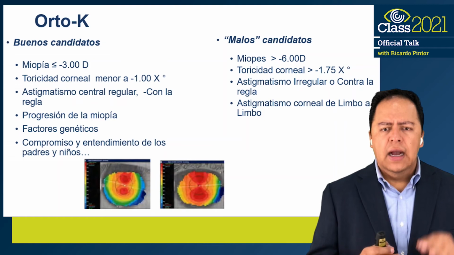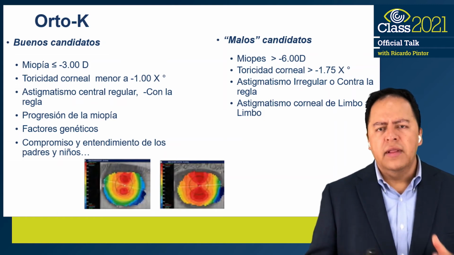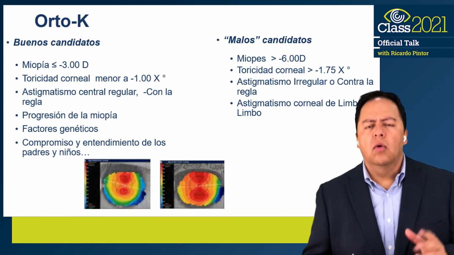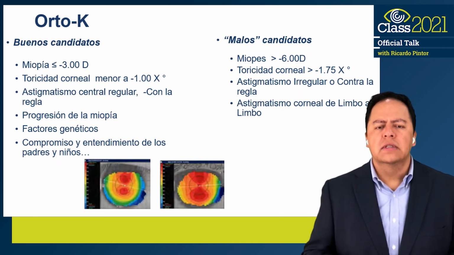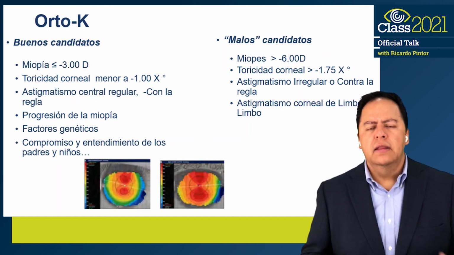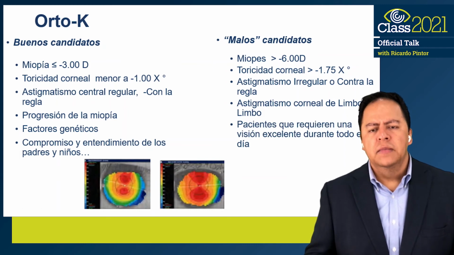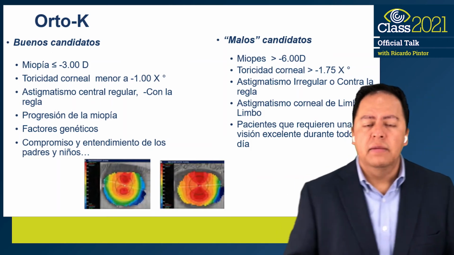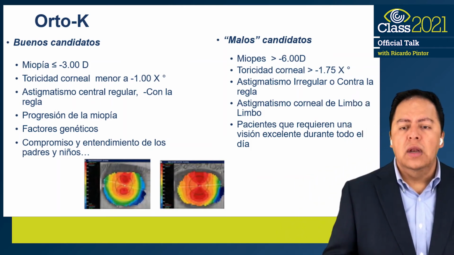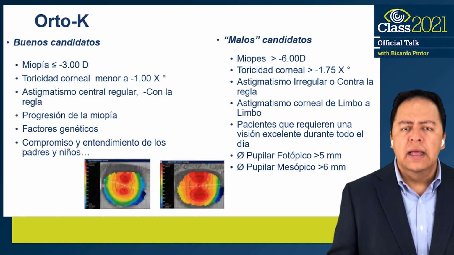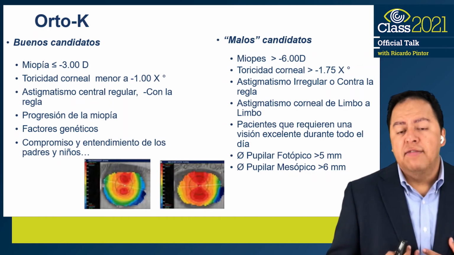It is important to note that when the corneal astigmatism is from limbus to limbus, it can generate a certain leakage in the lens, and it does not achieve the design that we are looking for. It is usually when we have cases of central astigmatism, as we see in the topography, that it normally has a better impact. For patients who are very picky and looking for high quality of vision, or who have fluctuations during the day, the size of the pupil is very important.